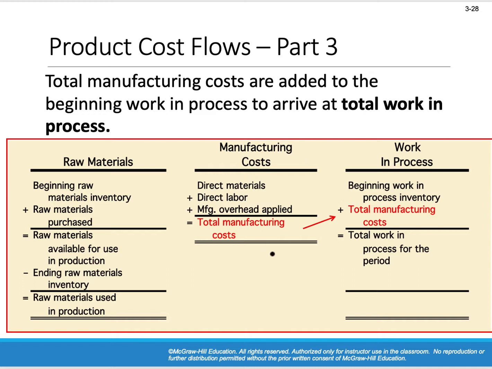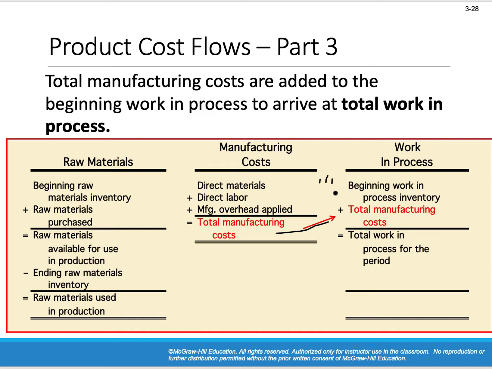Within our manufacturing costs, we have our total manufacturing costs. That flows to the WIP account that we see here. So within the work in process account, we have our beginning work in process inventory. Well, that means on 1/1, the beginning of January, we already have some partially completed units that have some materials, some labor, some manufacturing overhead applied to it, but we need to add more to it.